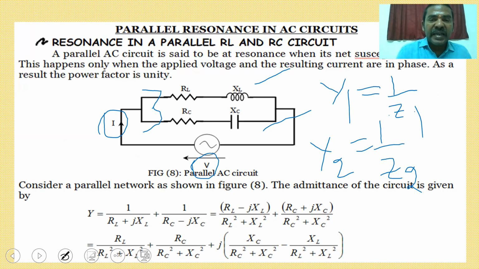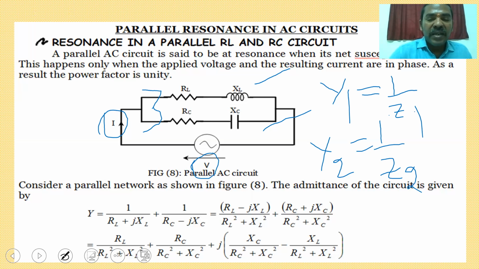I am segregating the real part and imaginary part separately: RL divided by (RL square plus XL square) plus RC divided by (RC square plus XC square), plus j times [XC divided by (RC square plus XC square) minus XL divided by (RL square plus XL square)].